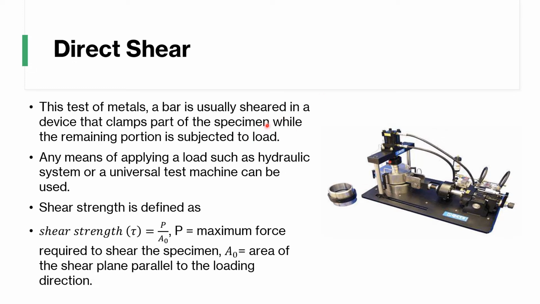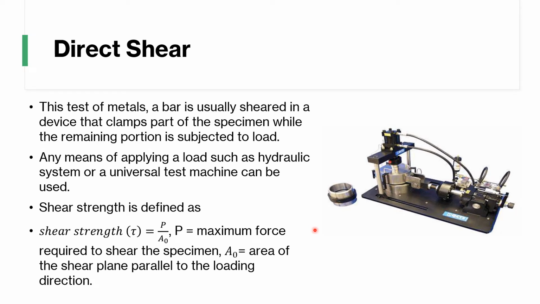You don't have to worry about everything right in here. All you have to know is this is just a test of metals, and we're testing metals by using direct shear, and we're going to load the specimen. If you get it, that's fine. No need to go into details.